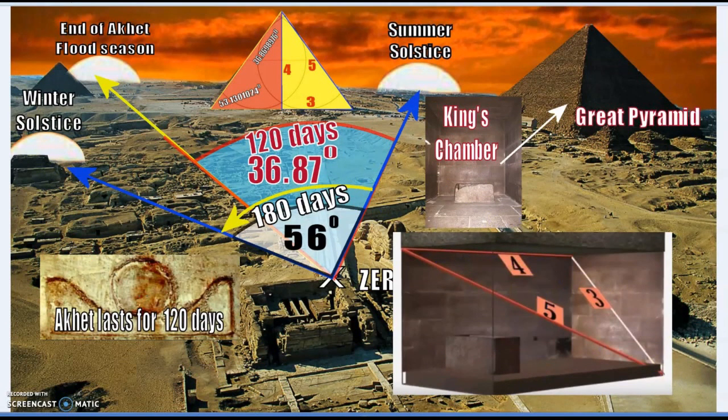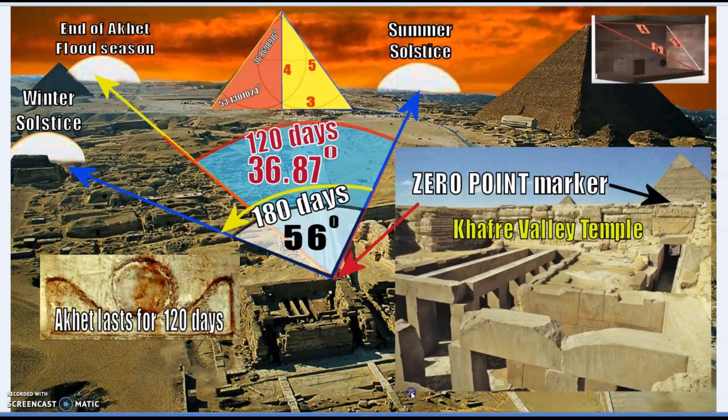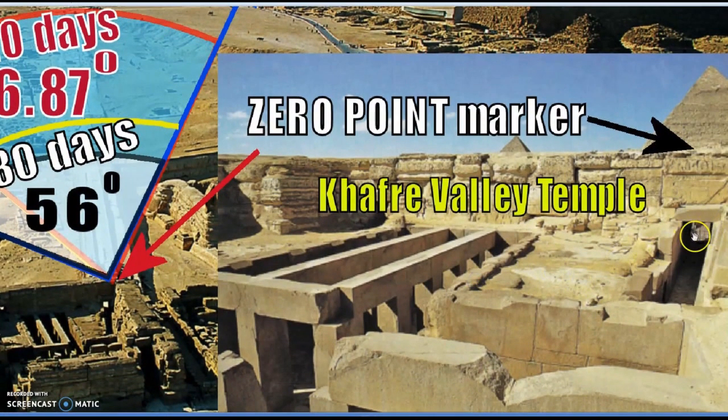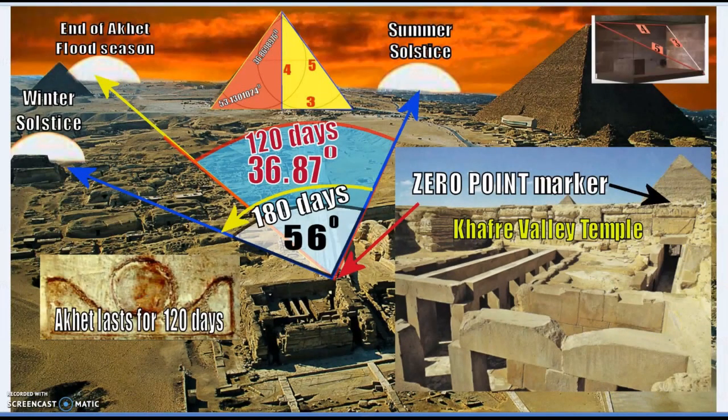So again, these inherent angles, not just the lovely geometry of a Pythagorean 3, 4, 5 triangle, but also the seasons and the flood. So that's the doorway to Khafre Valley Temple leading up the causeway, and it's a 0 marker because the measurements and the definitions from there are just spot on.